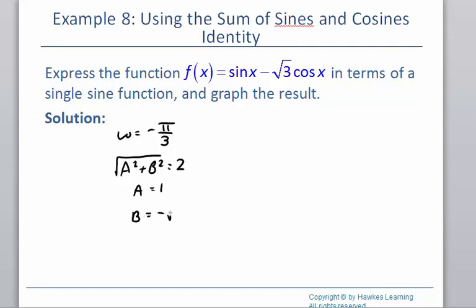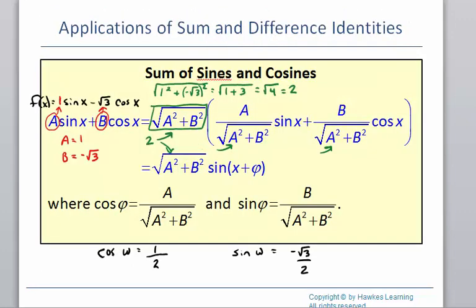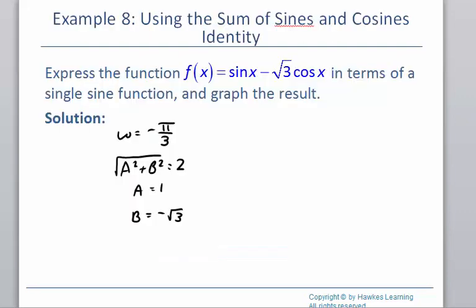We know that the b is negative square root of 3. Okay, so let's go back to our formula, and we're almost done here. Let's take this part, this is our equal to part, and let's plug in for our answer. All right, so that is the square root of a squared plus b squared sine x plus omega.